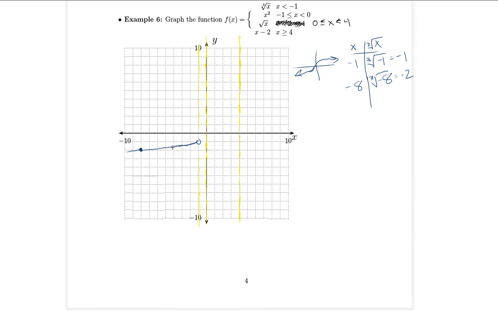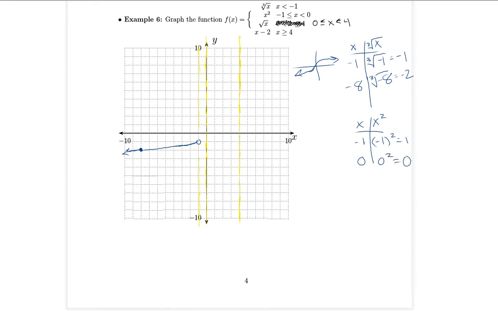All right, so now let's take a look at the next one here. So we've got y equals x squared. All right, so again, transitions are important. So let's figure out what happens at -1 and 0. Well, when you square -1, you get 1. When you square 0, you get 0.